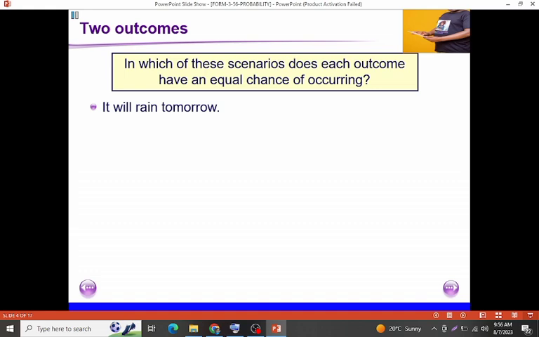That's one outcome. It will not rain tomorrow. That's another outcome. So it can either rain or not rain. Do you think these 2 outcomes are equal to each other? In my opinion, yes. Because if it does not rain, that's an outcome which is equally likely to it is going to rain. So it can either rain or not rain. It cannot rain and rain at the same time.